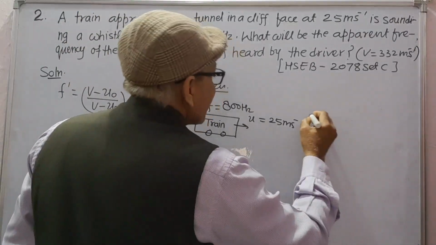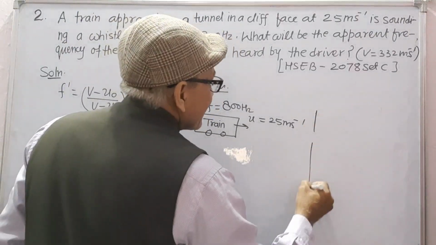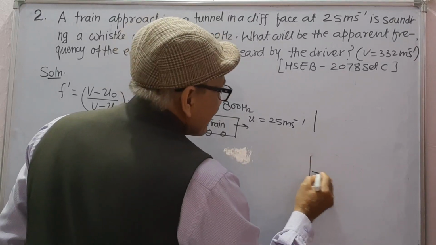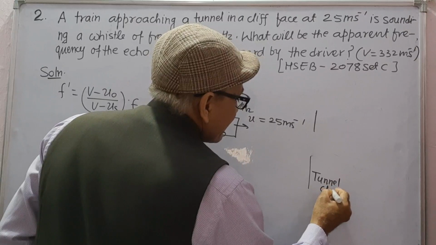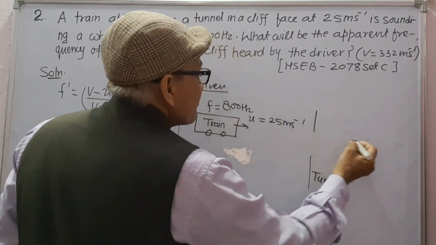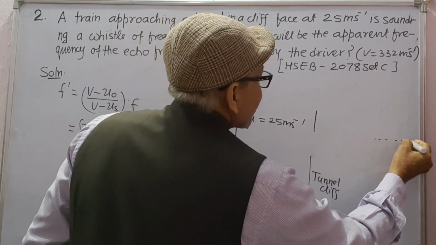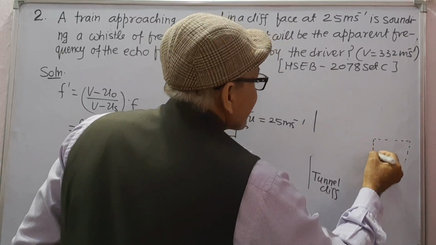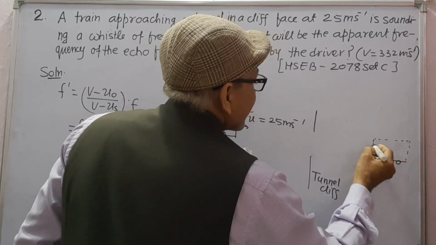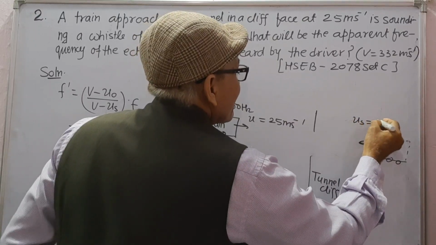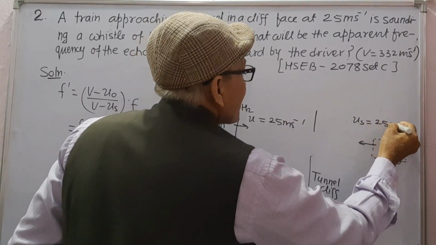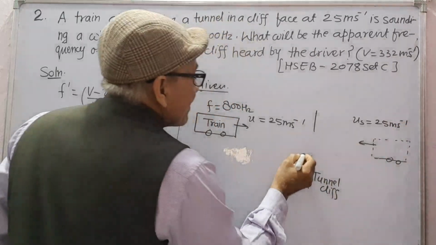This sound is reflected by the tunnel cliff, so that the mirror image of the train will act as source of sound. So its value will be 25 meter per second.